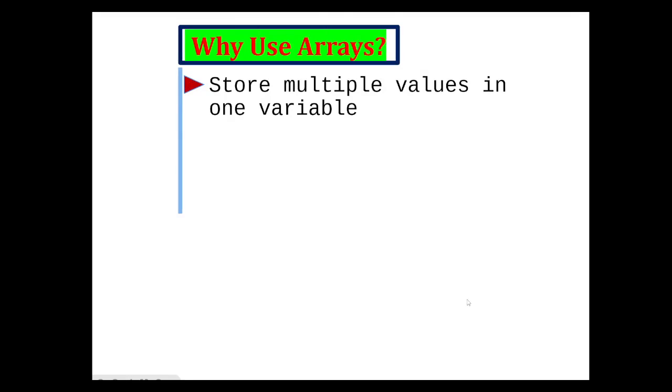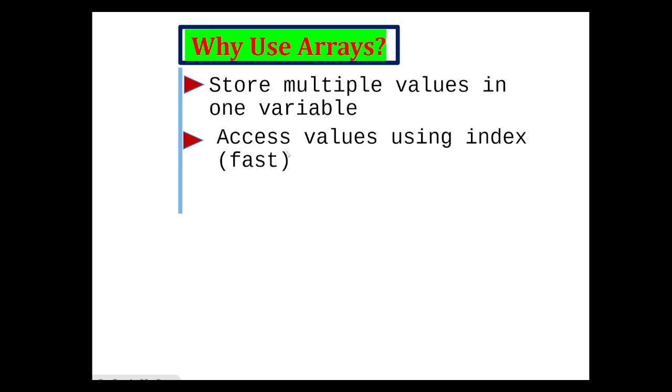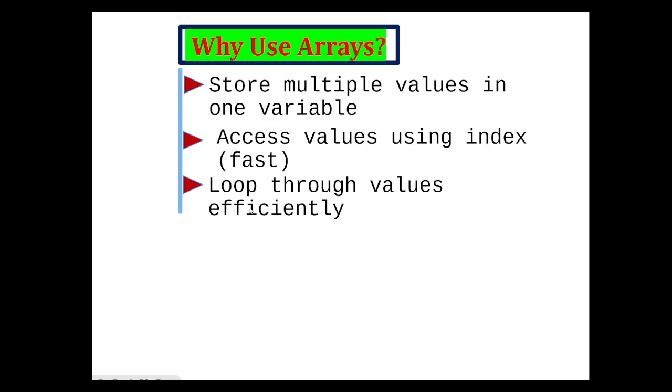Now let us understand why we use arrays. Let us see the points. It stores multiple values in one variable. This is an advantage. We can access values using an index, due to which it is faster. Next, we can loop through values efficiently, using a for loop to access the values in arrays.